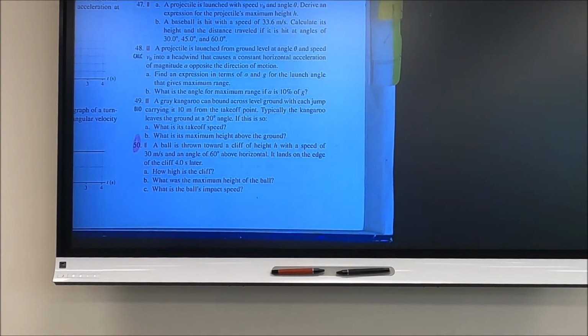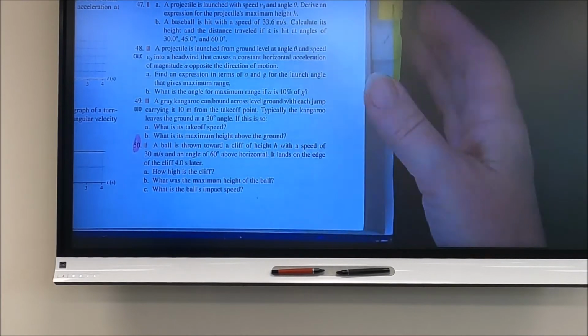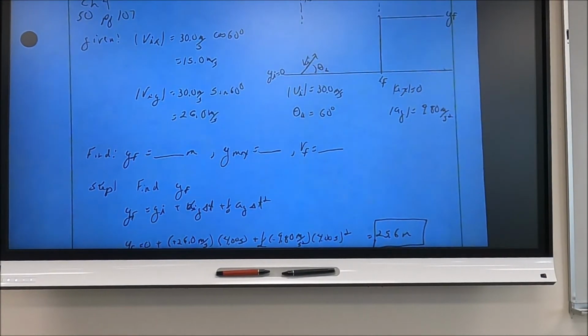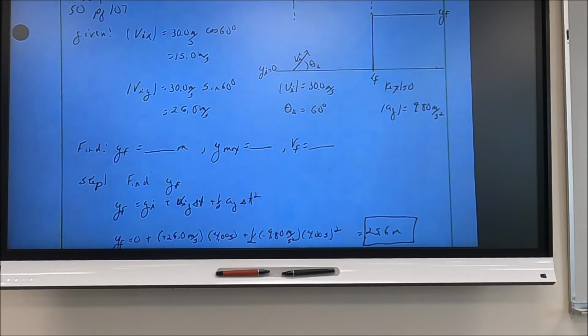Okay, so let's look at how we're going to solve this problem. I'm going to start off by putting information out. Start with my drawing.